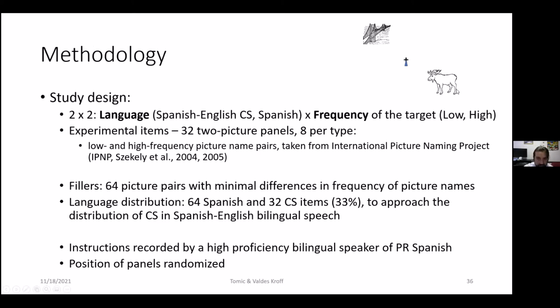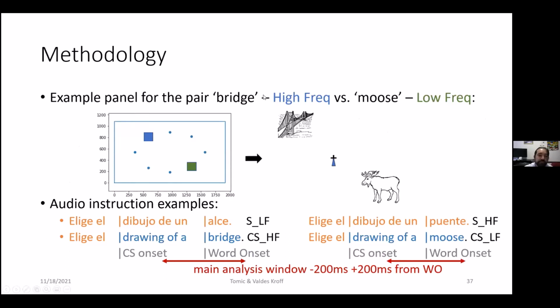I recognize that context always matters in these types of designs. And again, they would either hear Spanish instructions or code switched instructions. Those recordings were produced by a highly proficient bilingual speaker of Puerto Rican Spanish and English. And the positions of the panels were pseudo-randomized, so that it was never predictable where the two items would occur in this design.